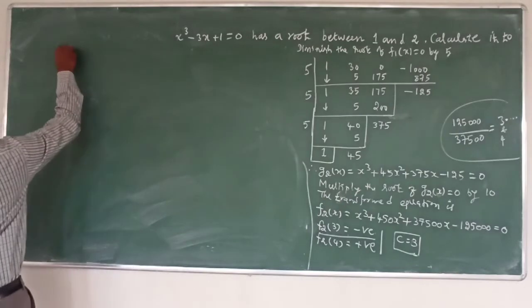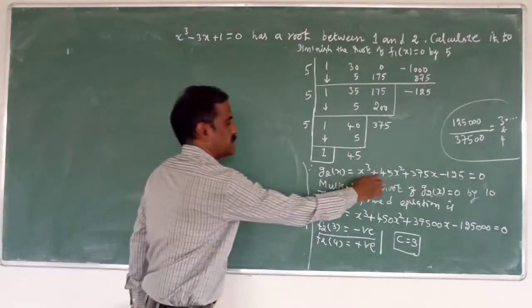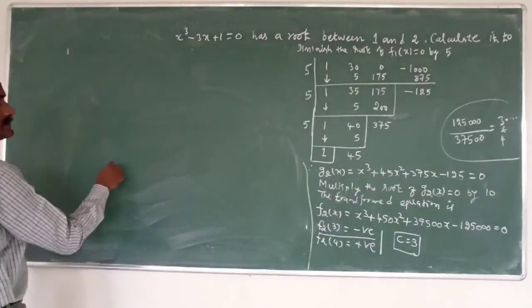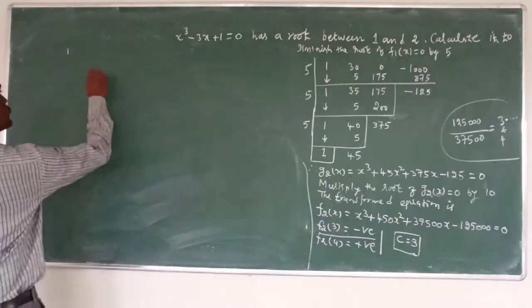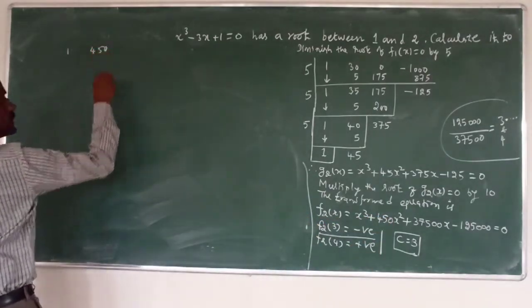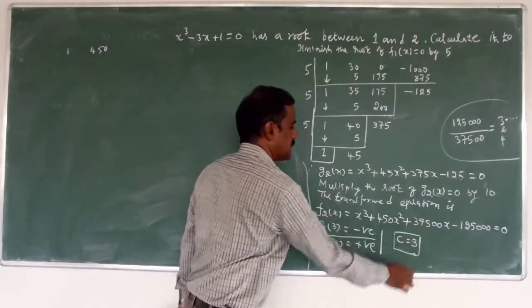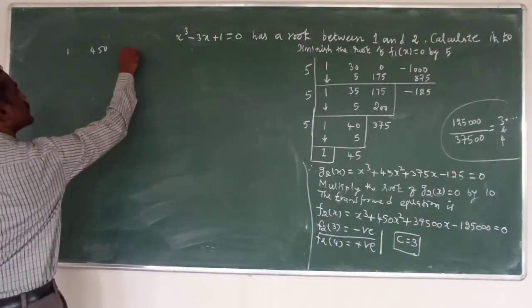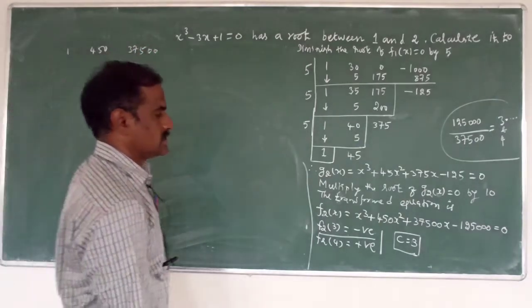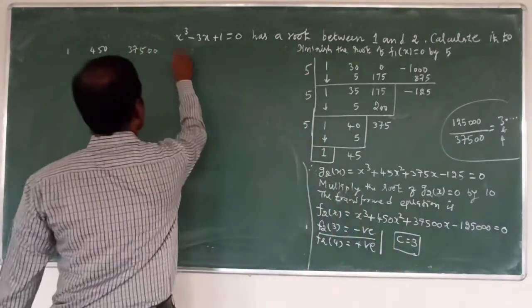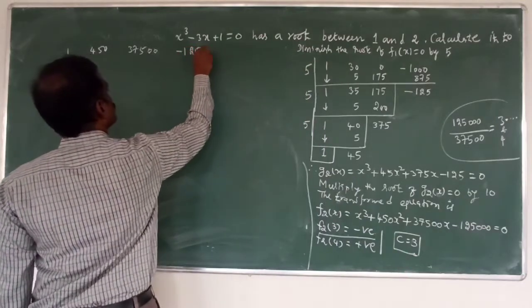X cube value 1, x square value 450. Sorry, here f2 of x is x cube plus 450 x square and here 37500. Next 1 2 minus 1 2 000.